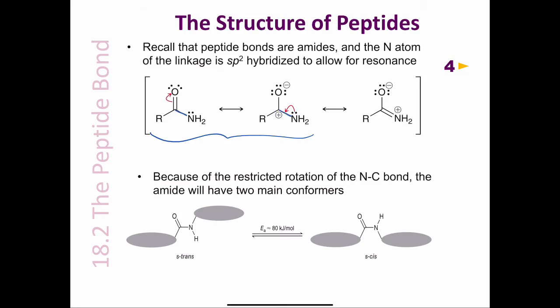And we know that there's free rotation around a sigma bond, but in this third resonance contributor here, we have a double bond. And you would remember that there's no free rotation around a double bond. If you've ever tried making a molecular model of any organic compound that has a double or triple bond, you'll see that free rotation is not allowed.